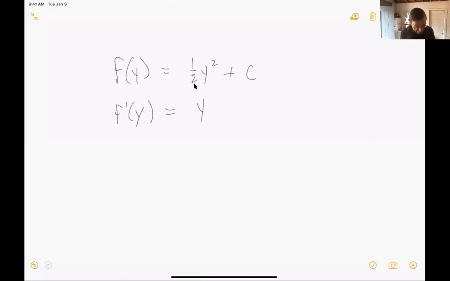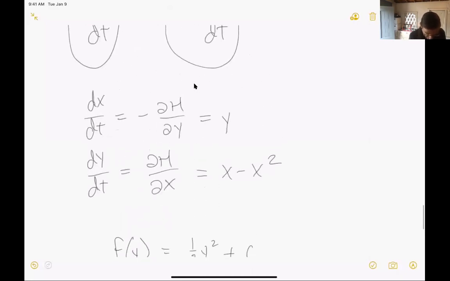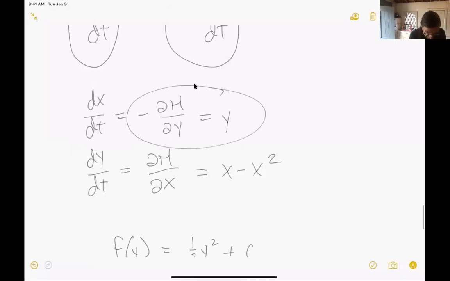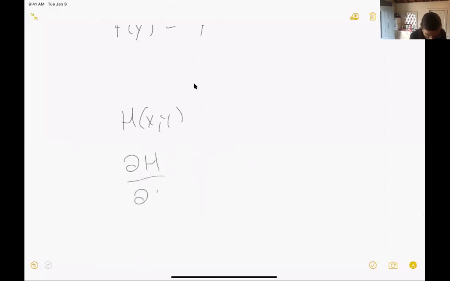Okay, because what's happening here is that we're looking at partials. It's no longer the derivative with respect to x, it's the partial with respect to x and the partial with respect to y. I have a function now, and I know from up here that, I'm going to take that negative sign and put it on the other side. I know I have some function h of x comma y, and all I'm telling you is that the partial of h with respect to y is negative y.